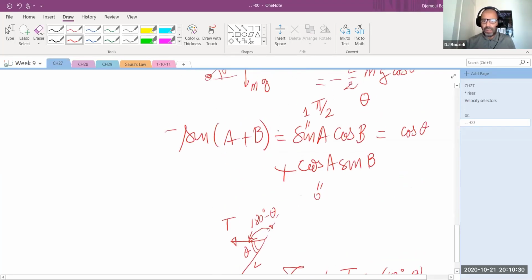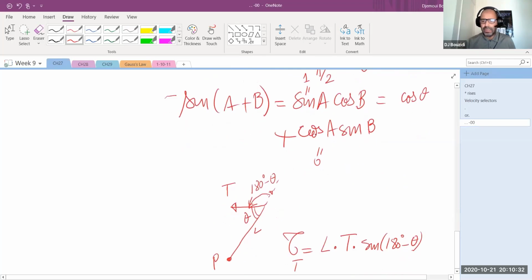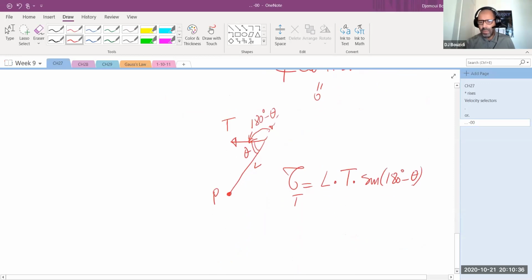Well, apply the same formula. Sine of 180 degrees is 0 actually. So this will be sine of 180 degrees, cosine of theta. The formula for this one also will give me a minus, because it's not a plus anymore, it's a minus cosine of 180 degrees, sine of theta.